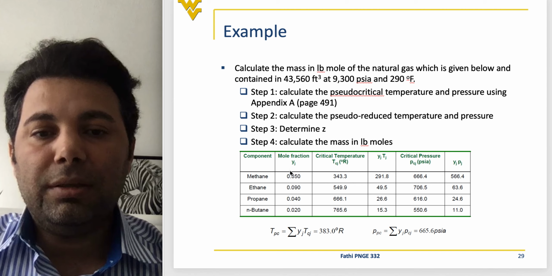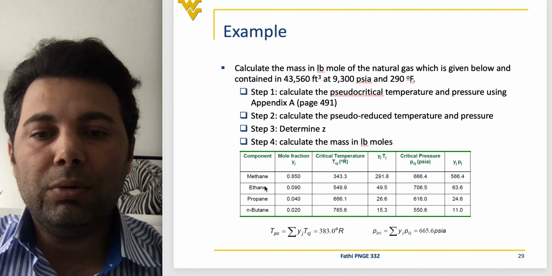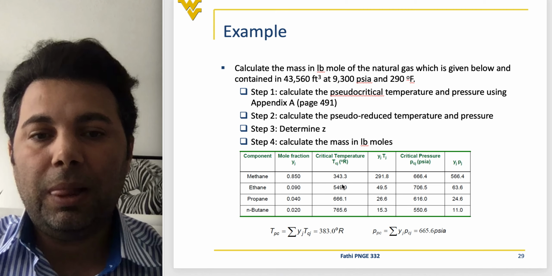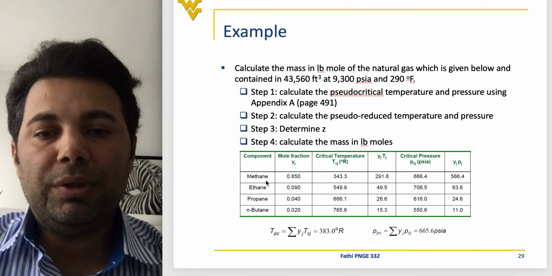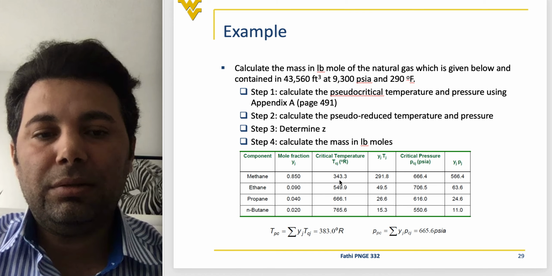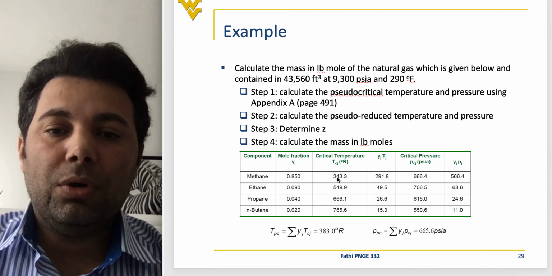The mole fractions are given. The critical temperature and critical pressure of all these pure components are given in table A. We just need to convert that to Rankine, and these are fixed numbers. So from now on, if you want to know the critical temperature of methane, that's 343.3 degrees Rankine.